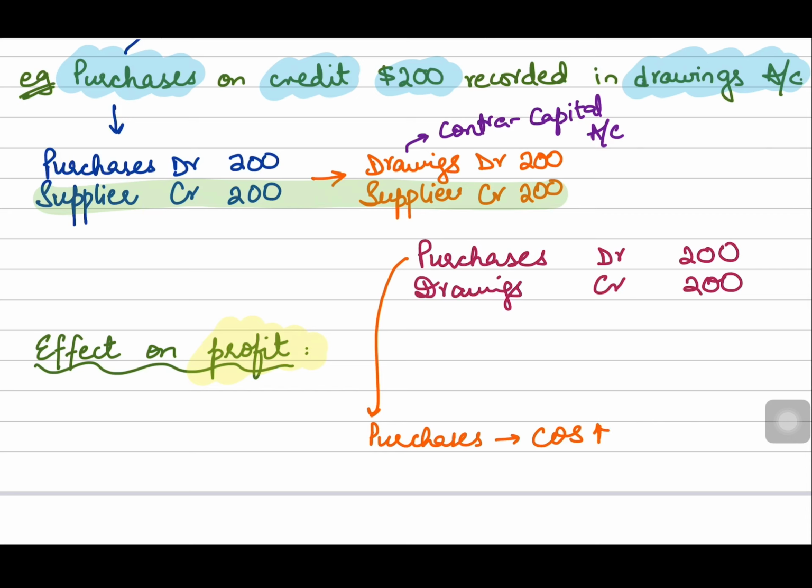Purchases are added in the cost of sales to show how much inventory we purchased during the year. That will increase your cost, and anything that will increase your cost will decrease your profit. So, by recording this correcting entry, by debiting purchases, you are increasing cost, and you are reducing your profit by $200.